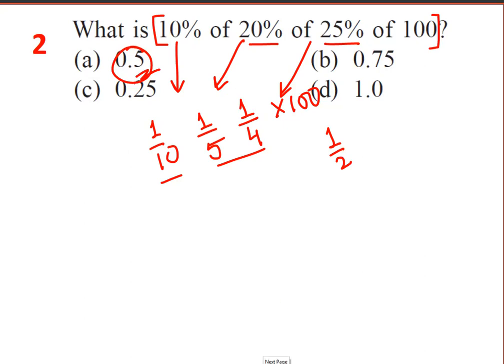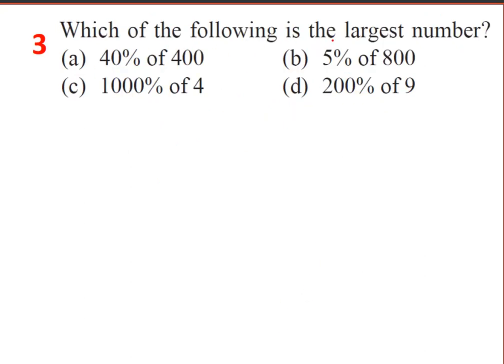Moving on to the next question. Which of the following is the largest number? Out of these 4 options, which will be the largest number? In order to remove the percentage, we can just cut 2 zeros from every numerator.